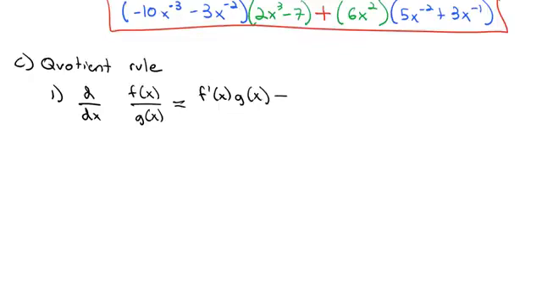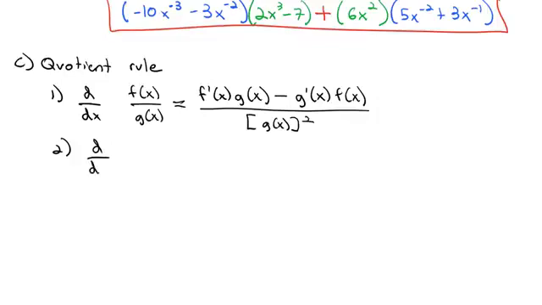And because this is division, we'll actually subtract the derivative of the second times the first. And the big difference here is we have to divide by the denominator squared, which is kind of interesting. We end up with this squared denominator in the denominator.